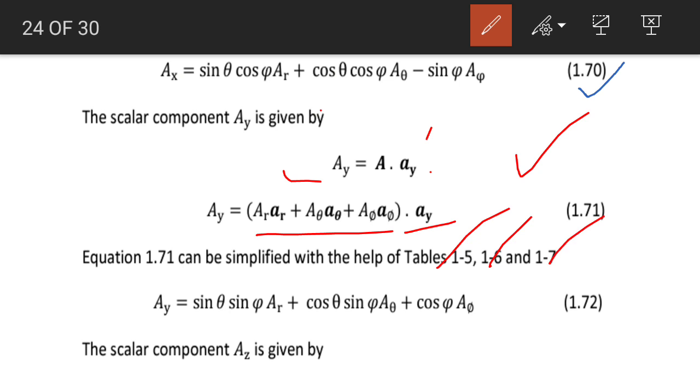If you simplify the right hand side, we get equation number 72. So ay will be equal to sin theta sin phi ar plus cos theta sin phi a theta plus cos phi a phi. So ay has been resolved into three components.